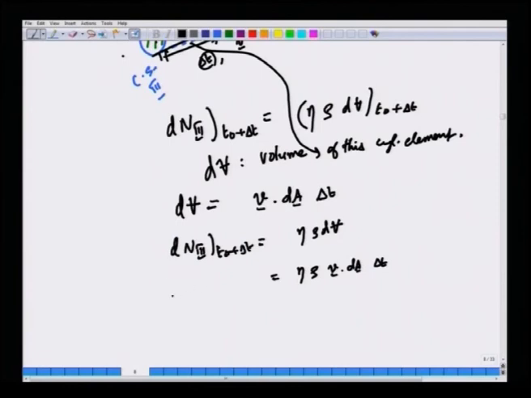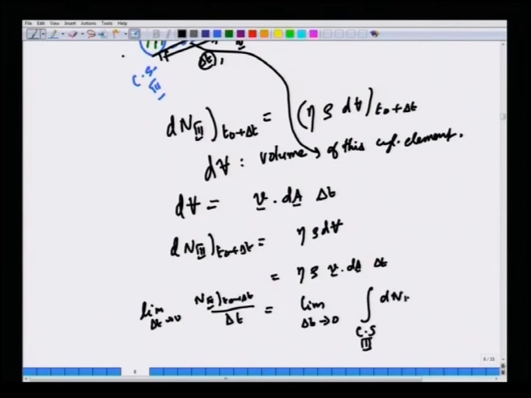If you want it for the entire region, we can integrate. So, the limit as delta t tends to 0 of n 3 divided by delta t is nothing but the limit as delta t goes to 0 of the integral over the entire control surface 3 of dn 3 at t 0 plus delta t times 1 over delta t.